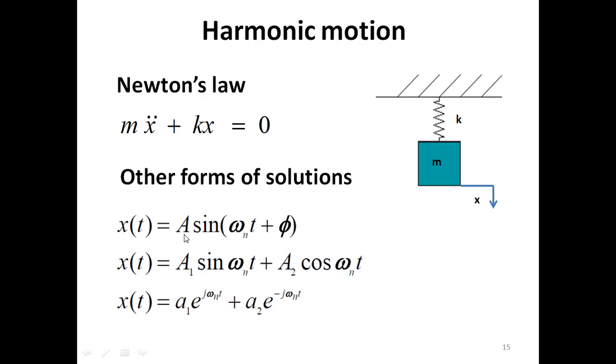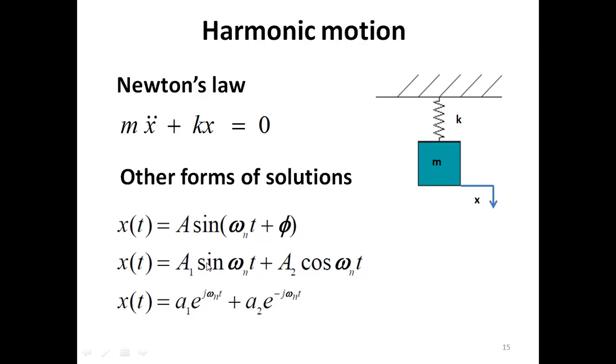Here, A is the amplitude of the response. Here, A1 and A2 are not the amplitude of the response. They are arbitrary constants. And in order to find these arbitrary constants, we have to use the initial conditions.